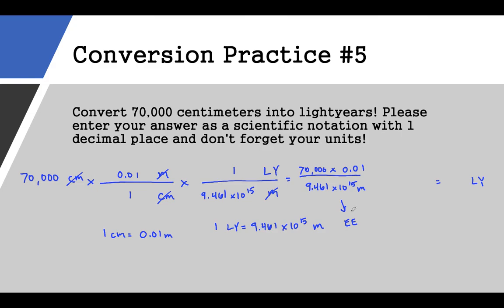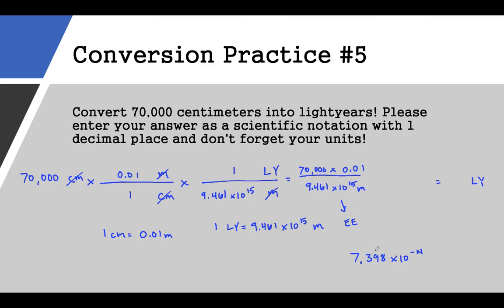And I get a calculator answer of 7.398 and so on, times 10 to the negative 14th. Here, I want 1 decimal place, meaning I am going to look at the first decimal place past my scientific notation.